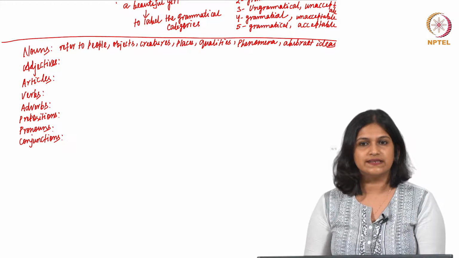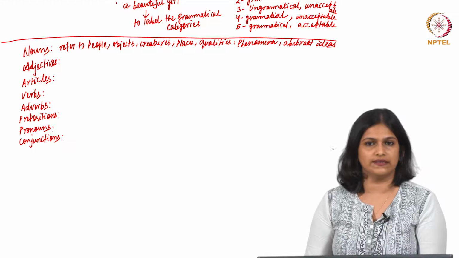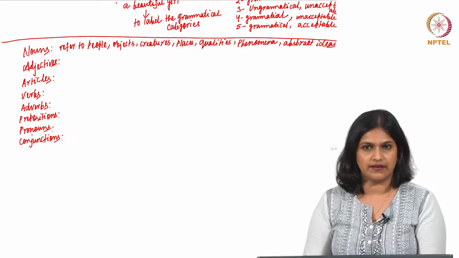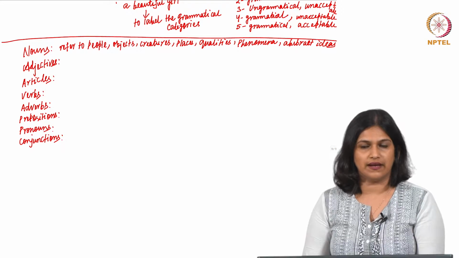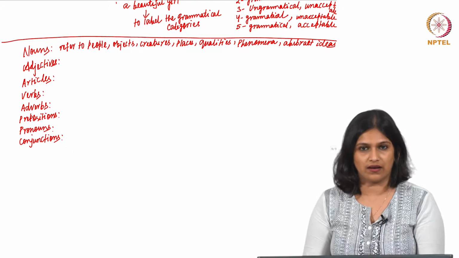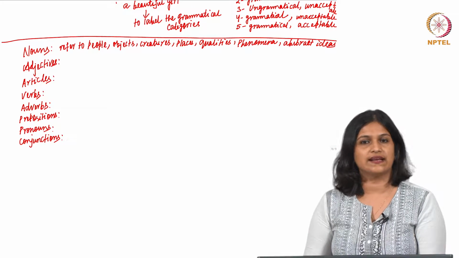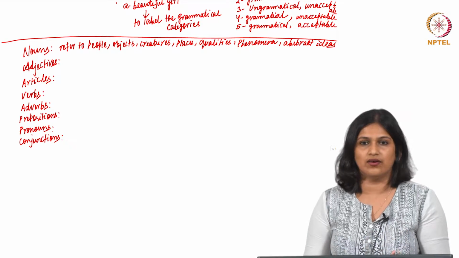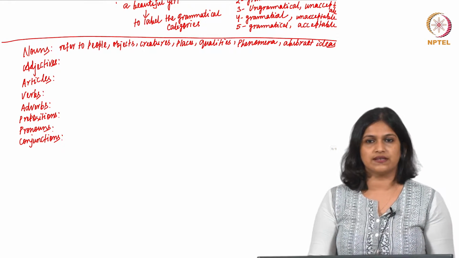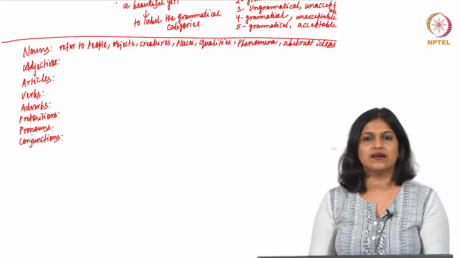Then we have qualities, let us say kindness. So, kindness is a quality, or bravery, that is a quality. So, these are also nouns. Phenomena, and when I say phenomena, earthquake, that is a noun. Also some abstract ideas like love. Love is an abstract idea. Let us say hatred, jealousy. So, these are the abstract ideas.